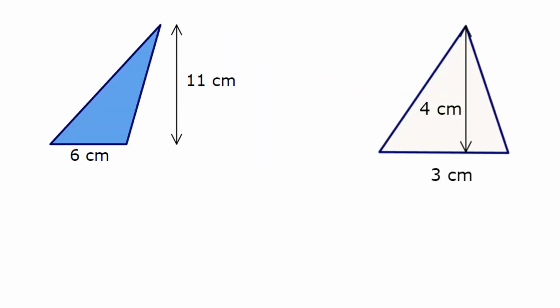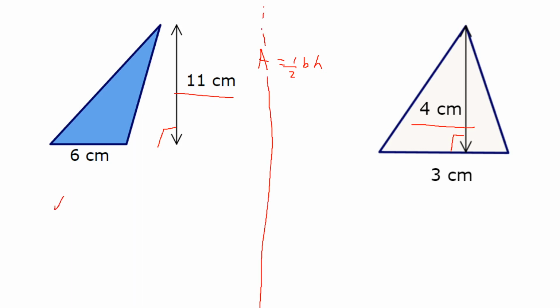It doesn't matter what a triangle looks like. If the perpendicular height is 11 and 4 respectively, that's all that matters. We have a perpendicular height, we can use the area is equal to a half base times height. So I'm going to split the page in two.